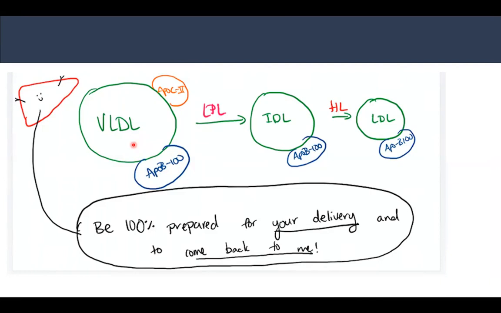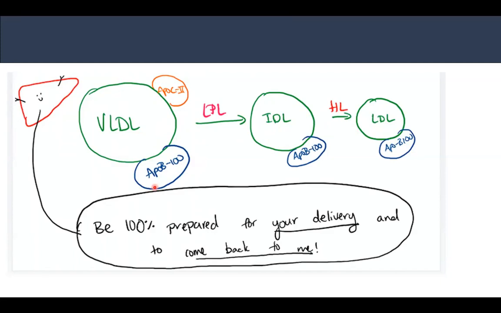VLDL was told by its mom, the liver, to carry this ApoB100. And even as VLDL is broken down to IDL, to LDL, it never, ever loses its ApoB100. Even if the VLDL is broken down, it keeps its ApoB100 protein.